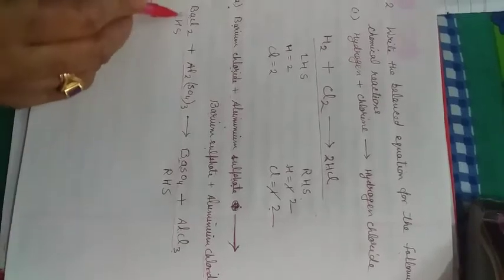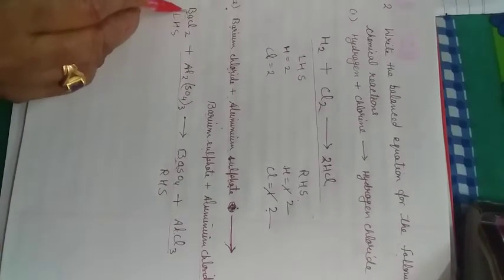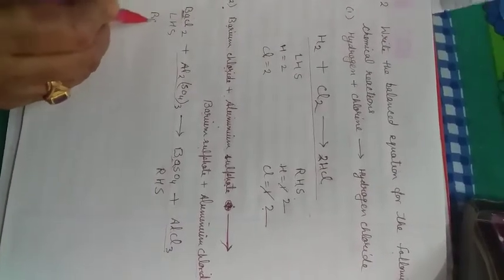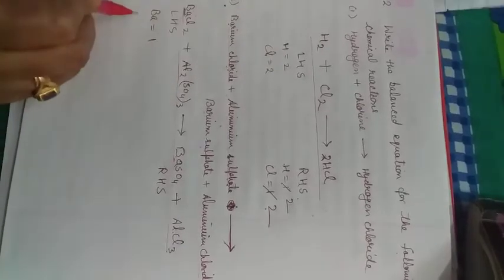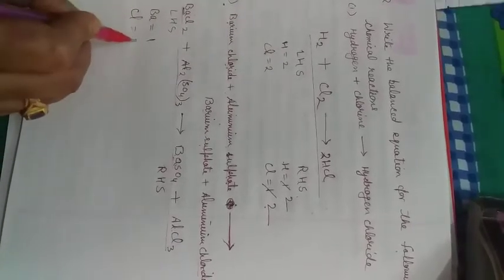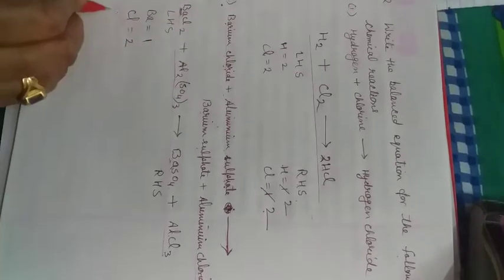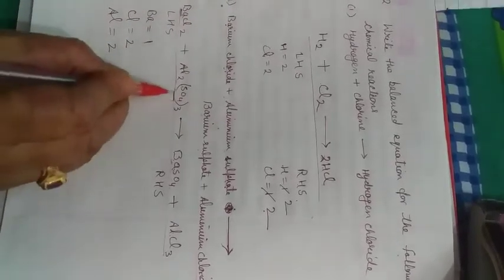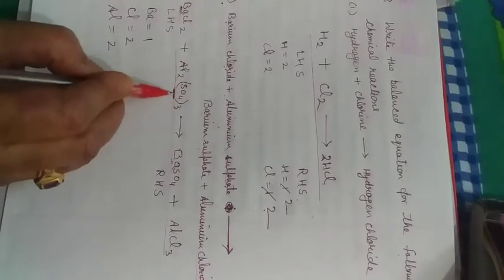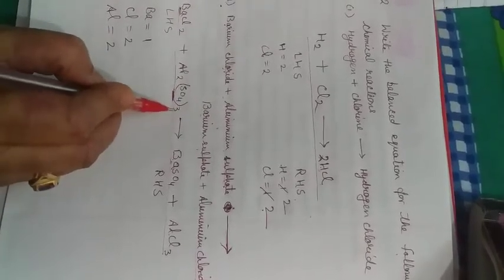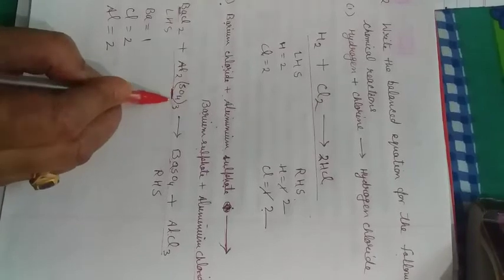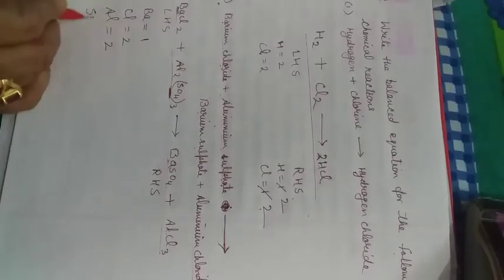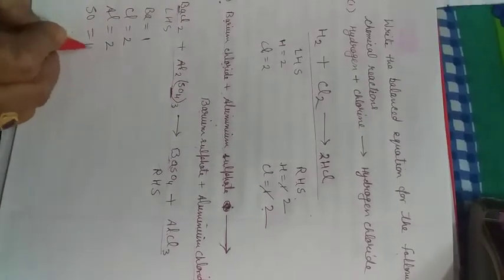Students, if we see the left hand side, this is barium. Barium atom is 1, chlorine atoms are 2, aluminium atoms are also 2, and this is sulfate. Sulfate atoms are 4 threes are 12, so SO4 atoms are 12.